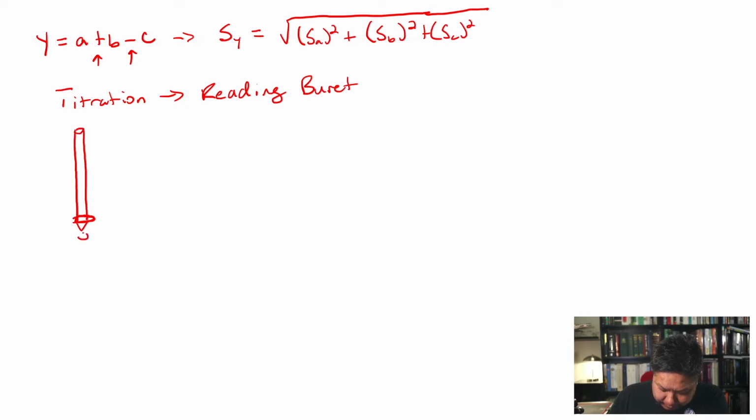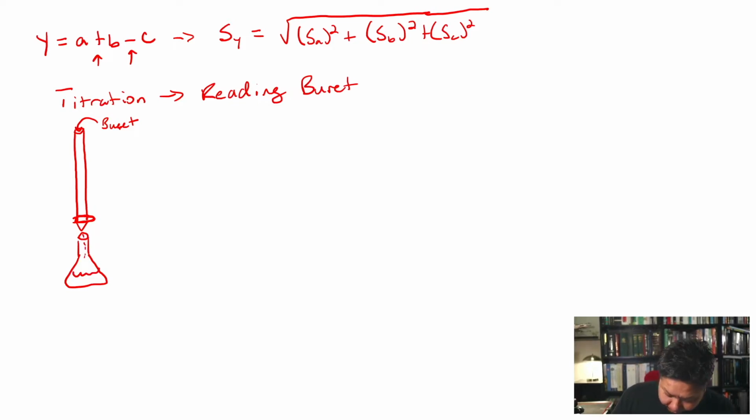Here's my burette. Here's my flask. Generally in an acid-base titration you'll put a base, B for base, B for burette, into the burette. And then you'll drop base into a volume of unknown acid to determine its concentration.